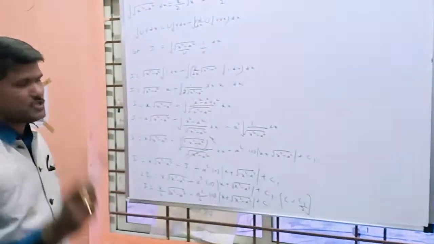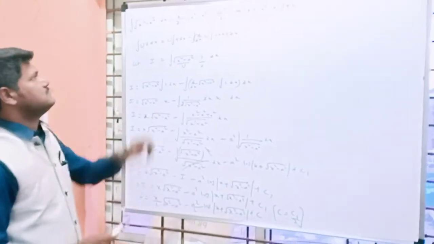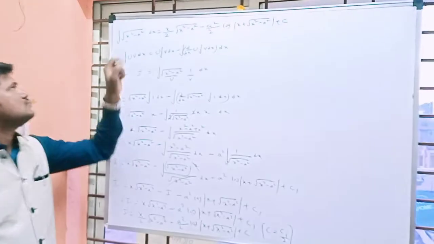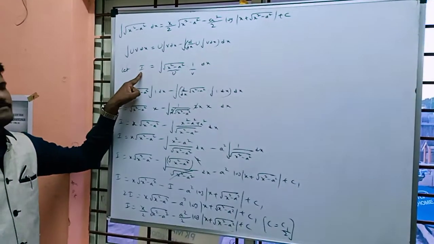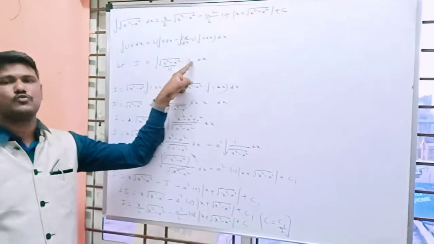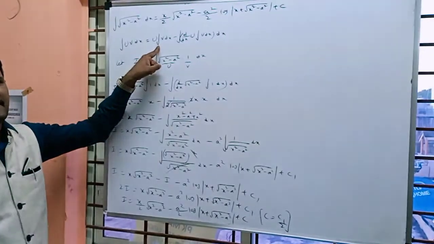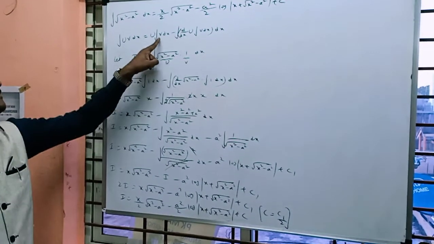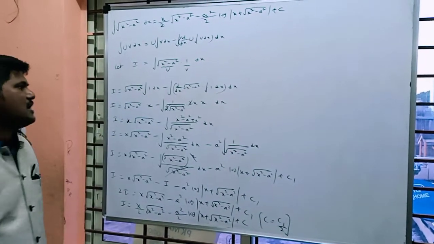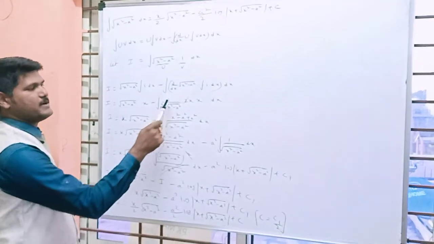See, once again a discussion. They asked to prove this one. So I consider the given question as I, and I wrote root of x square minus a square into 1. We know the uv formula. In the formula, in place of u, root of x square minus a square, and in place of v, 1 I substitute. After that, differentiate root of x: 1 by 2 root x.